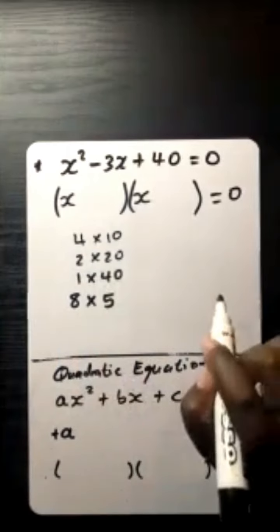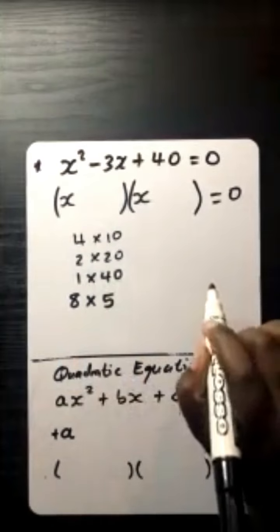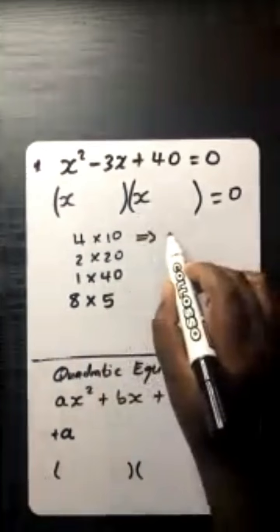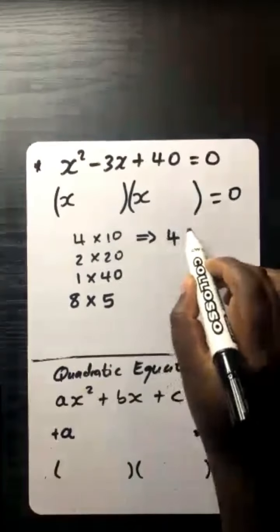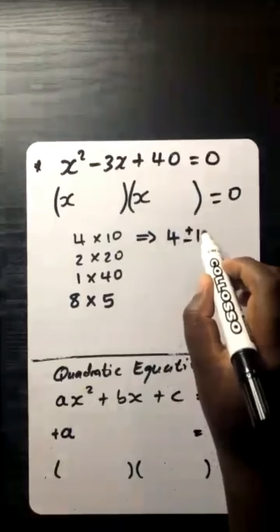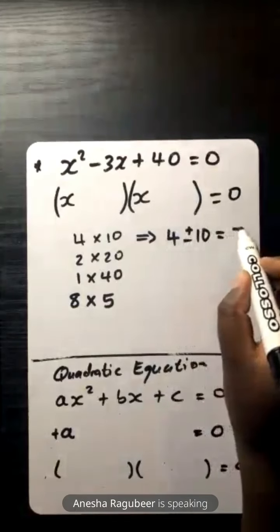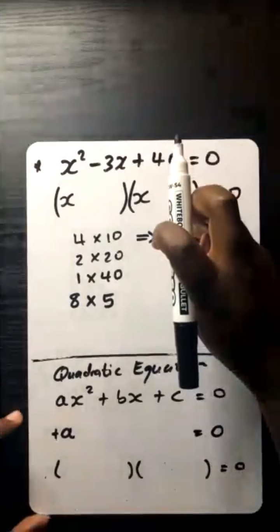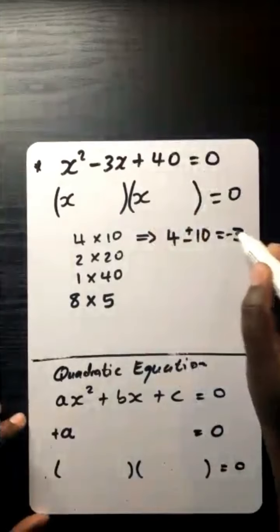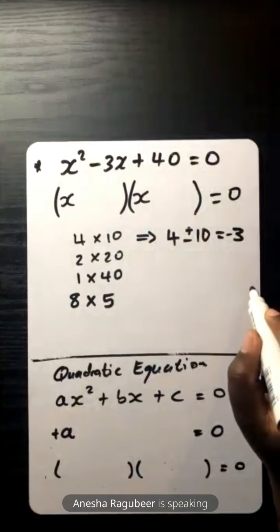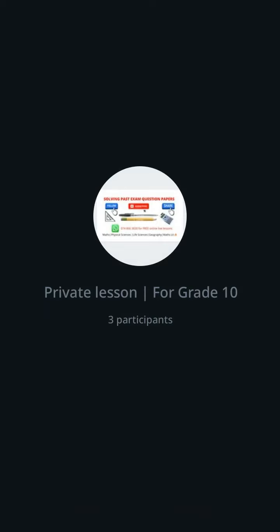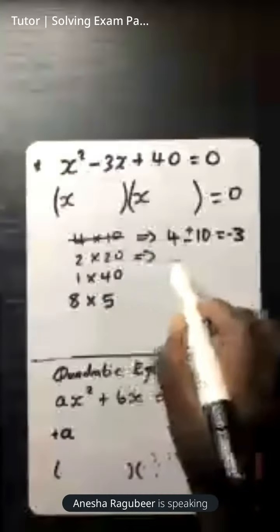Okay, so let's test it. When you test, you say, can you add or subtract 4 and 10, and they give you negative 3? No, sir. It gives me a 6. So that means it fails. Yes, sir. Okay, let's test that one.